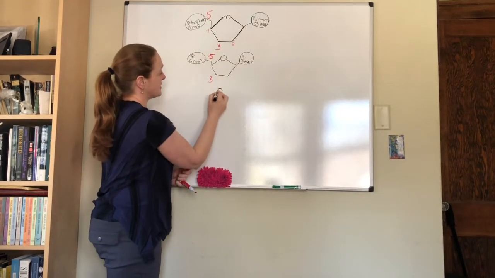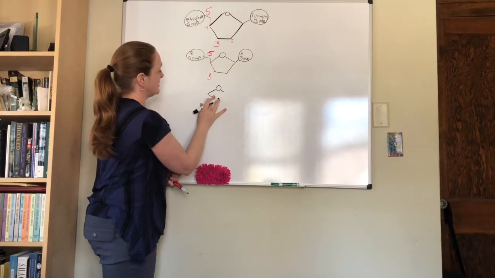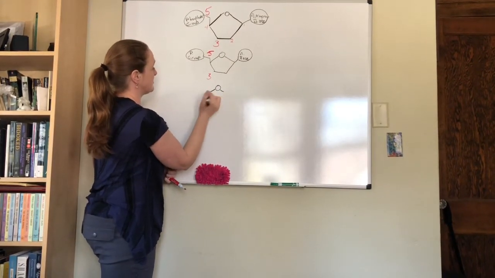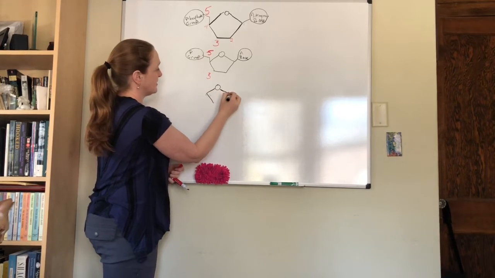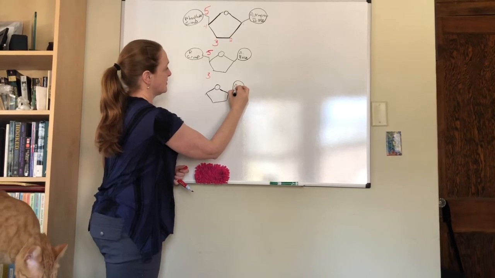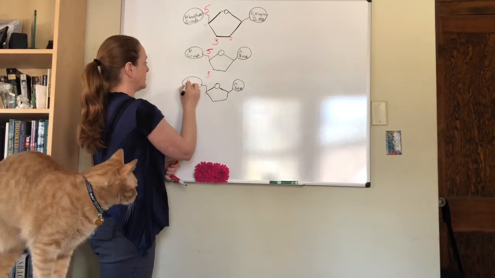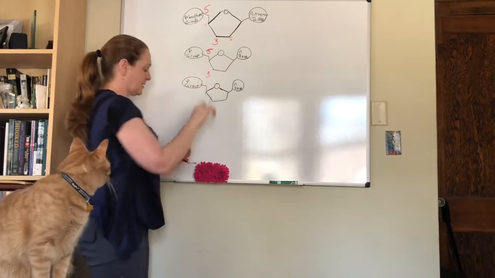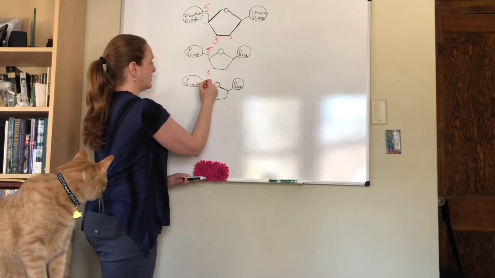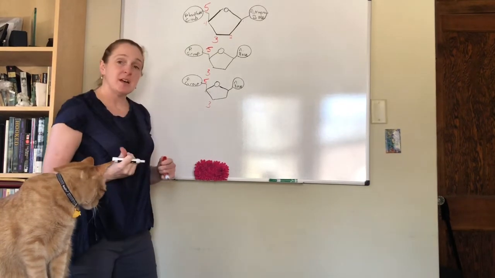My next nucleotide monomer can only come in down below, going in this direction. And again, 5' and 3' carbons on the sugar.